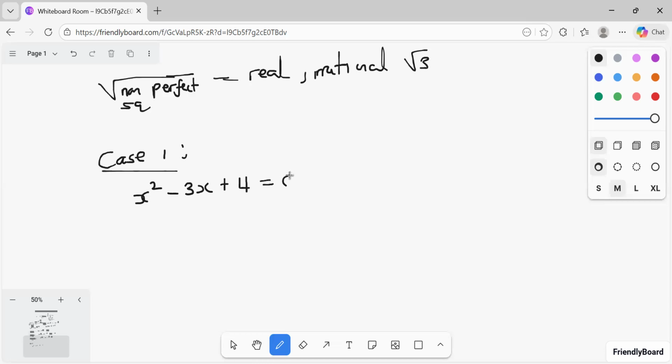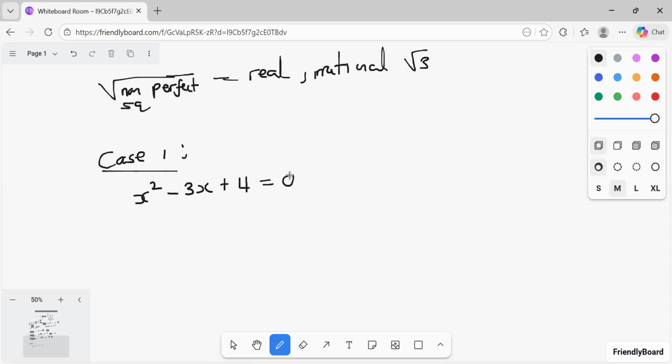What I want to do here is to find the roots and also the nature of roots using the quadratic formula and the delta.